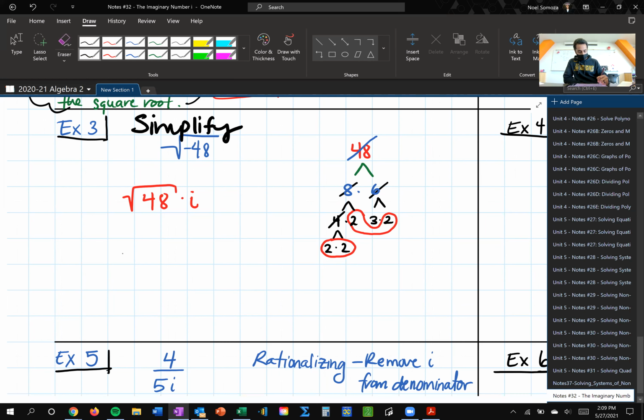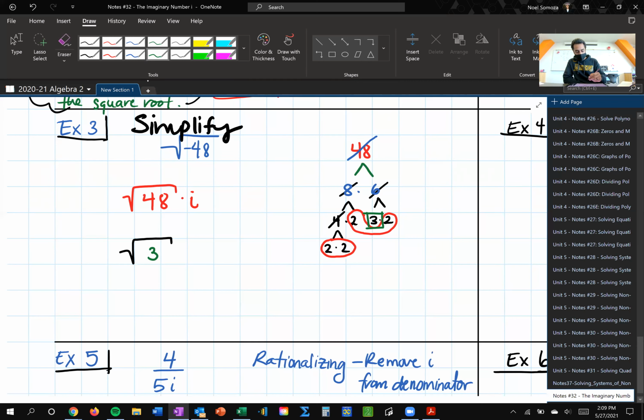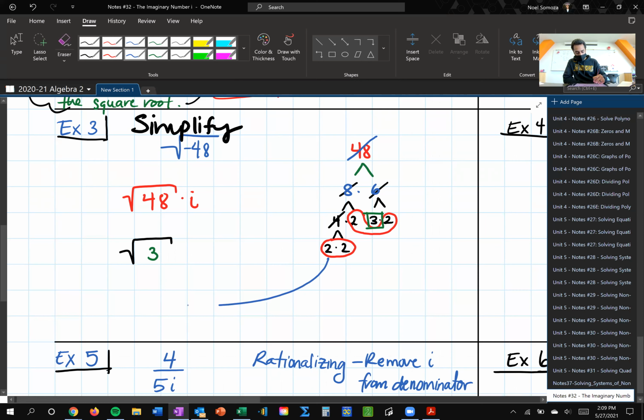Okay, so if my square root remains, the only loner I have is the 3. So the number going back inside will be 3. Now I have 2 pairs of 2. So let's say for the first pair, my first extraction, that's a 2. The second extraction, another 2.